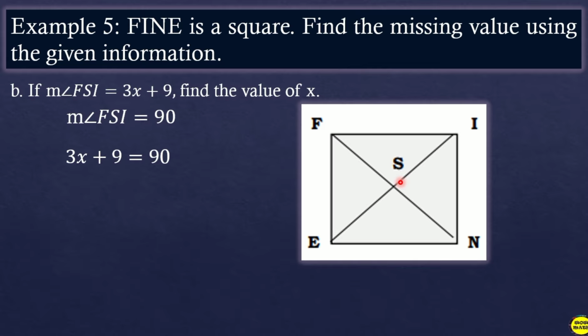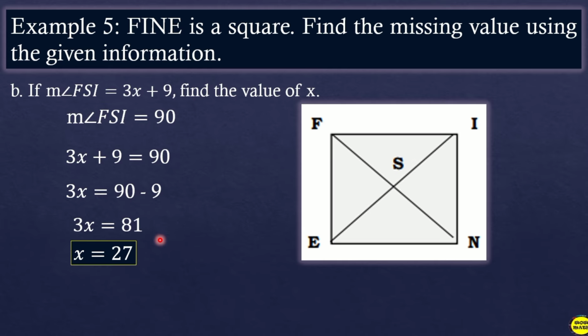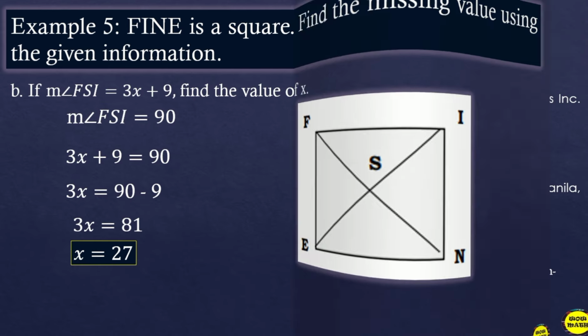So since may x na tayo dito, substitute lang natin para ma-solve natin yung value ng x. So 3x plus 9 is equal to 90. Simplify. So lipat natin si 9 sa right side. So 3x is equal to 90 minus 9 and that is 81. Divide both sides of the equation by 3. So x is equal to 27.